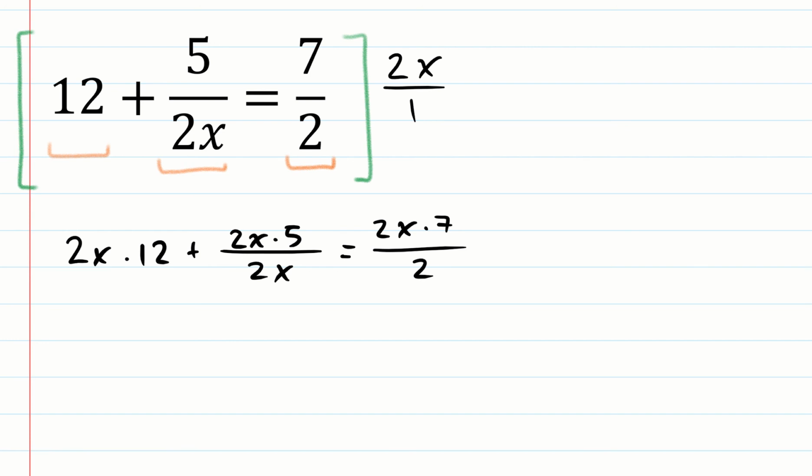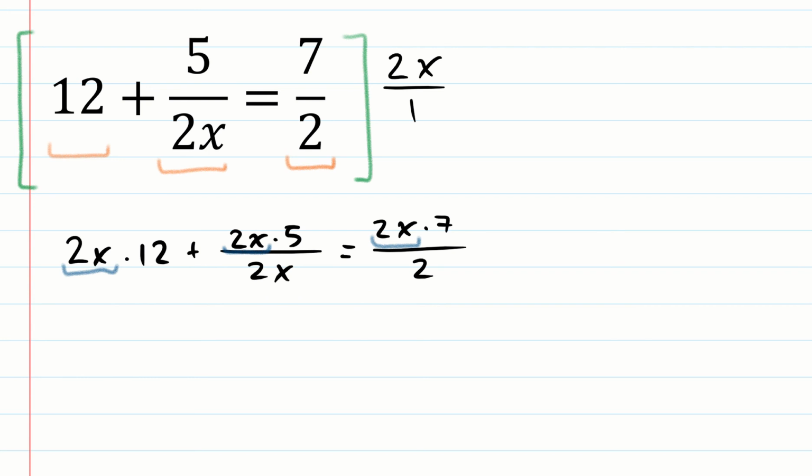Was that too much work? I don't know. I wrote it down. It's nice because I can verify visually that this got a 2x, this got a 2x, this got a 2x. Every single term picked up a factor of 2x. Okay, what do I get if I simplify this equation?